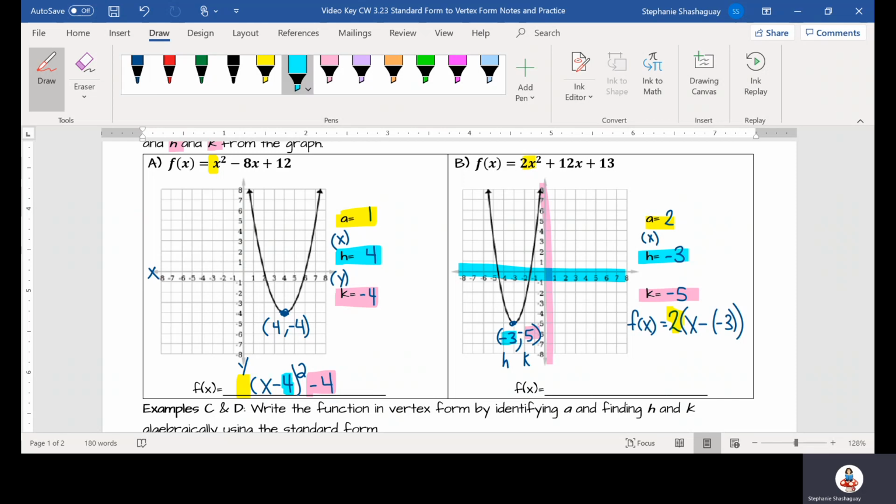Because that h is negative, and when I'm writing it in vertex form, I have to subtract that negative. I'm going to write in this extra step. So squared, and then I have -5, because that's my k term. Remember, when you subtract a negative, it's really adding.